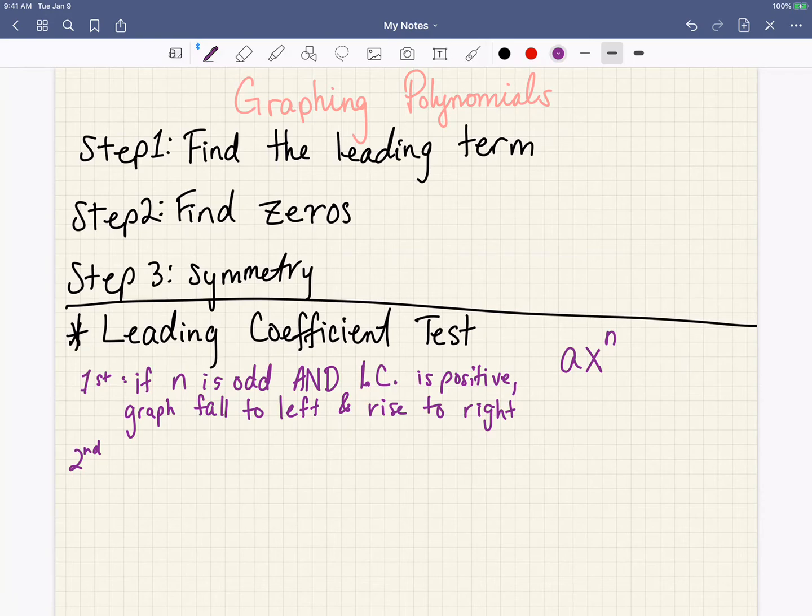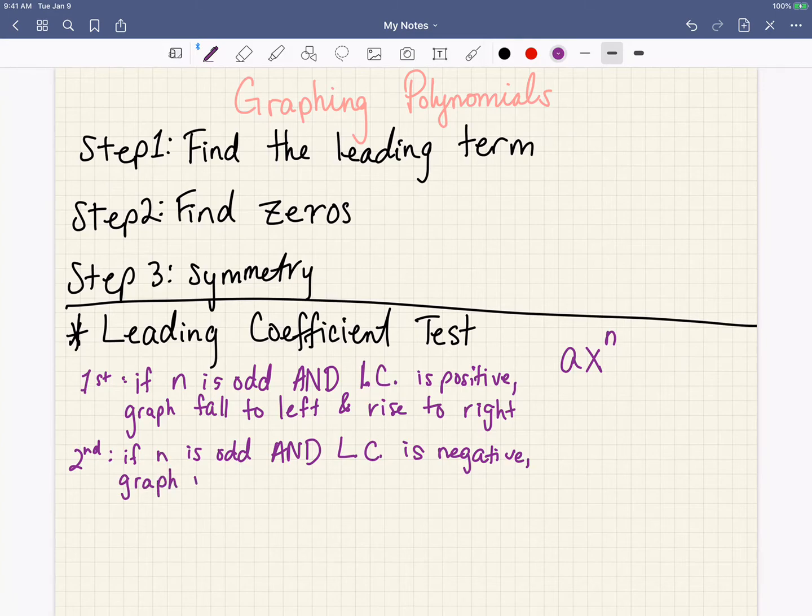So the second case is if n is odd. So once again, if my exponent is odd, but in this case, my leading coefficient is negative, then my graph is actually going to rise on the left and fall on the right.